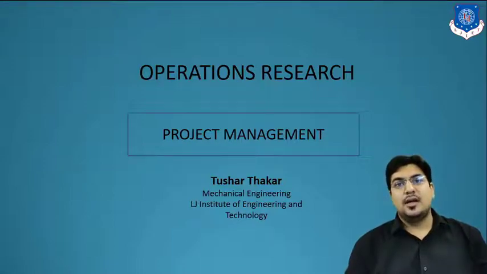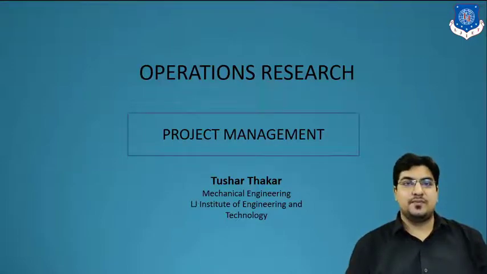And what is the history of PERT? What is the main key terminology of PERT? And how PERT differs from CPM. We already learnt in previous lectures. Today we will learn a PERT example.